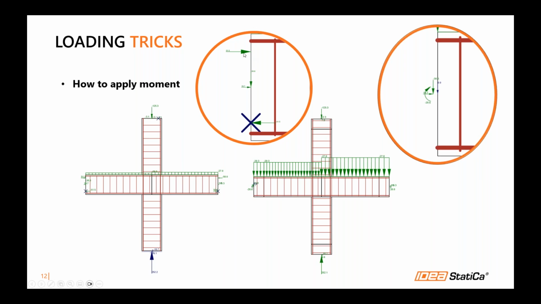You could basically just use two forces going in opposite directions, especially if you want to use it for a structure like knee joints or frame corners, where you don't want to check these parts, but you want to see what's happening in the knee joints.